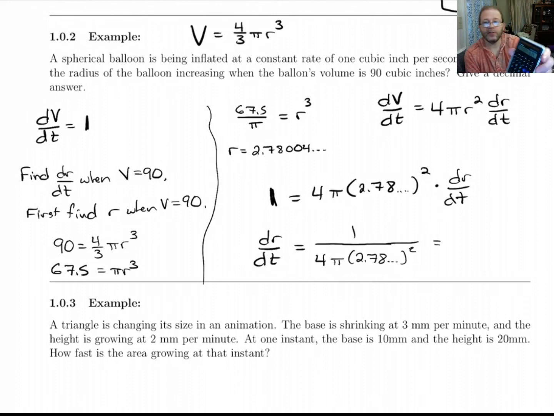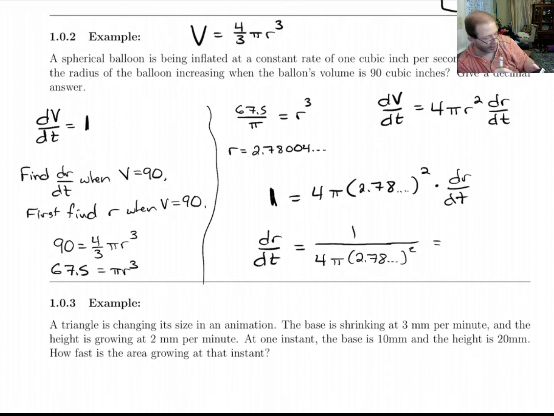Now I've still got that 2.78 number in my calculator with the full precision of the calculator. So I'm going to work this out by doing 2.78 squared times pi times 4. Now I've got the denominator of my answer here.